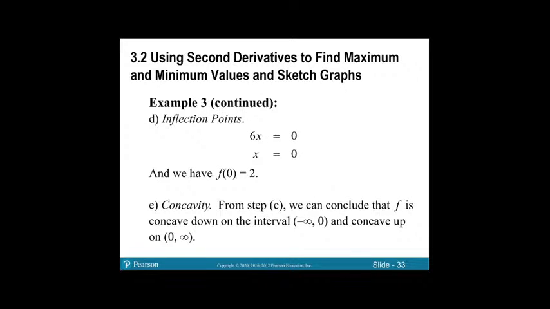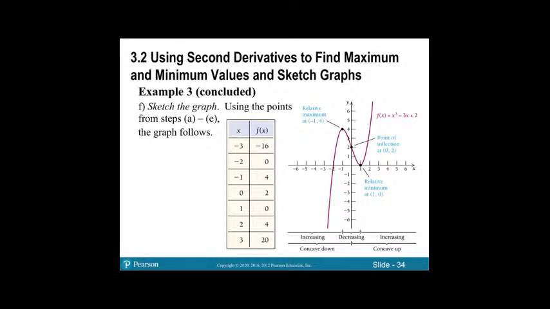Point of inflection, you set the second derivative to 0 and solve. So when x was 0, y was 2. Okay. So you see a table. It probably chose better points than I did, but you get the gist. So once we had those points, we just chose a few additional points to plot, and we'll get something like this. And I think we got this exact same graph.